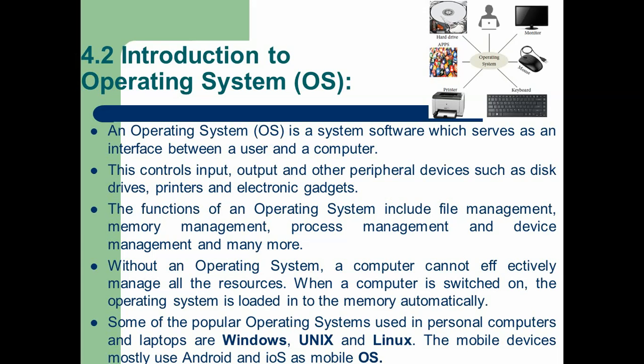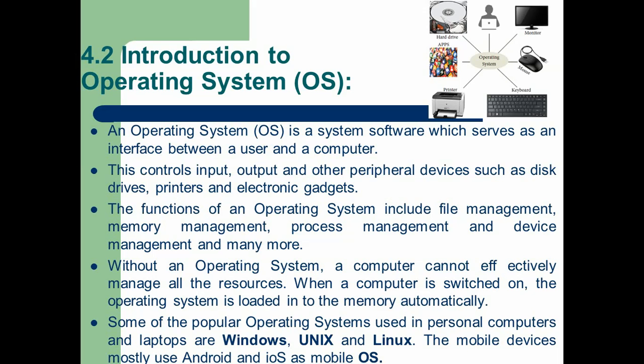After that, the memory devices, the hard disk, the CPU, the ALU, all the hardware related to the computer gets instruction from the operating system for each and every step, and based upon that instruction they process. That's why, in a single word, they call it an interface between user and computer. So the operating system is software which serves as an interface.